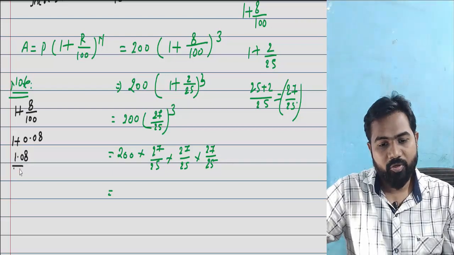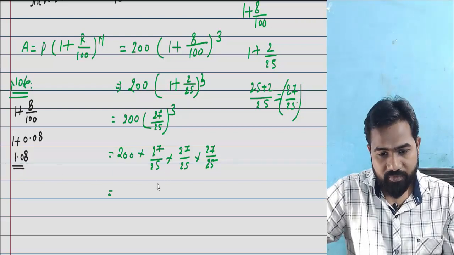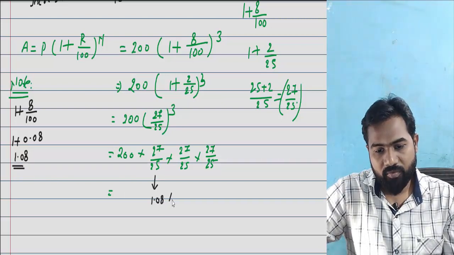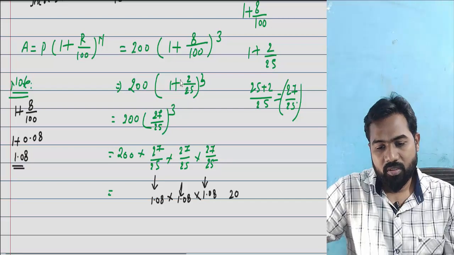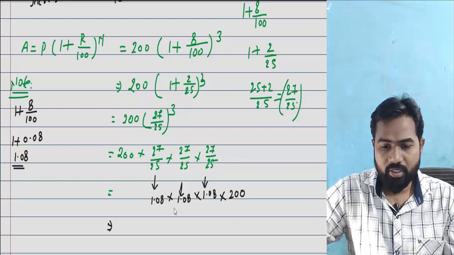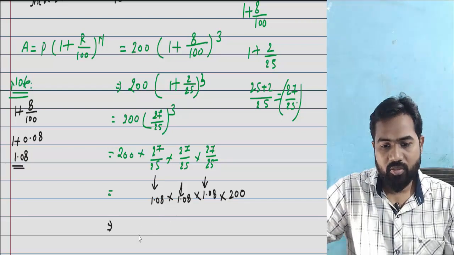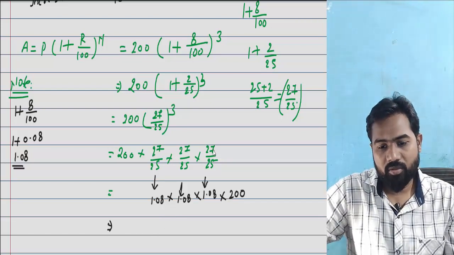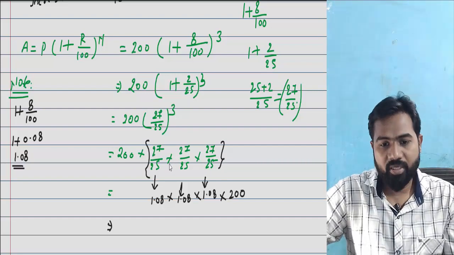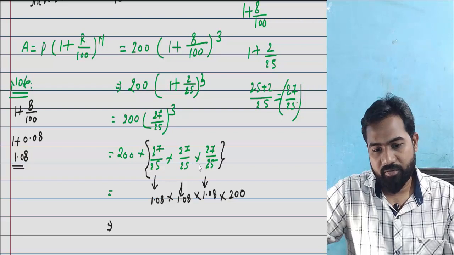So this will give the value 1.08 multiplied by 1.08, and this will also give 1.08, and all multiplied by 200. Finally, after multiplication, students, you can do it easily this way, so that you can skip the higher multiplication like 27 divided by 25, then 27 divided by 25, 27 divided by 25.